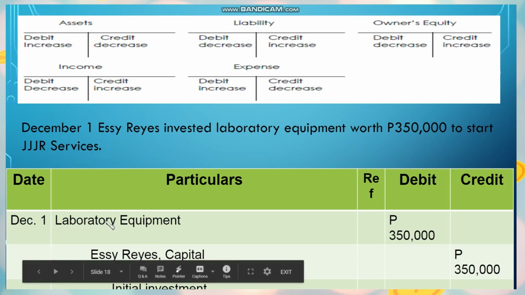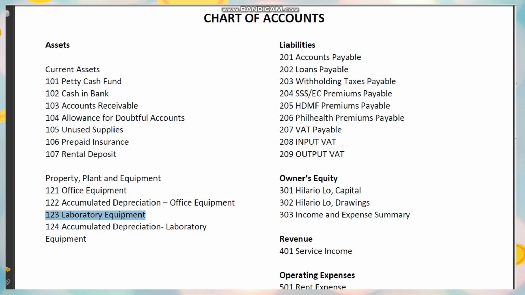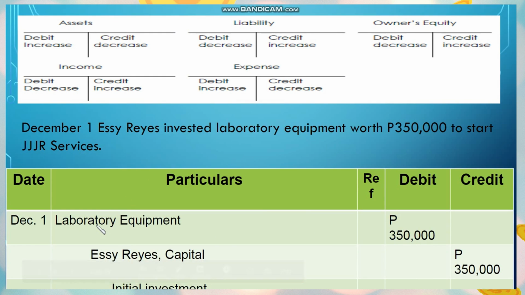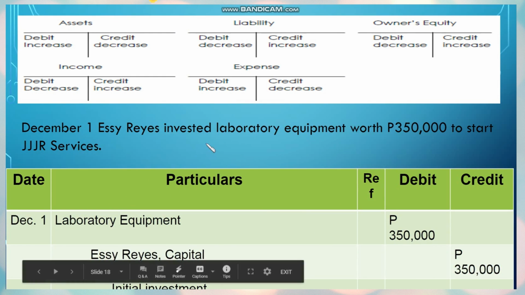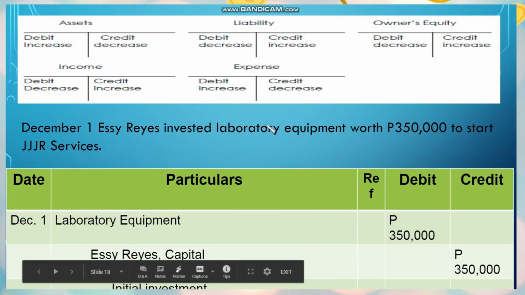Based on our chart of accounts, we have an account title laboratory equipment, so we debit laboratory equipment for 350,000, and then we credit S.E. Reyes capital for 350,000. Why didn't we put any cash in the entry? Because we didn't receive any cash. Instead of cash, laboratory equipment was invested, so we debit laboratory equipment.